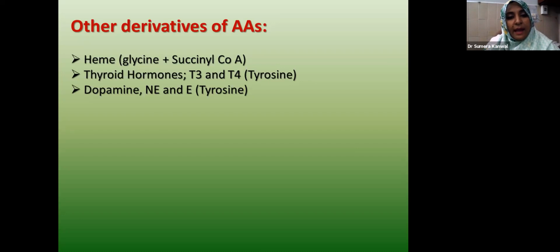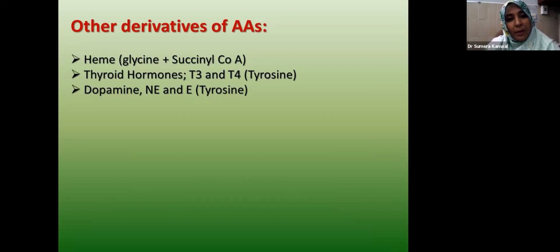Norepinephrine and epinephrine are hormones secreted from the adrenal medulla, and they are also neurotransmitters when synthesized in the brain. Norepinephrine and epinephrine are active during stress responses. They are also synthesized from tyrosine.